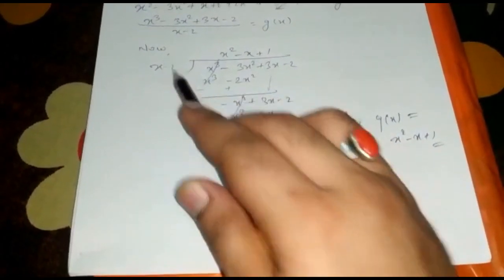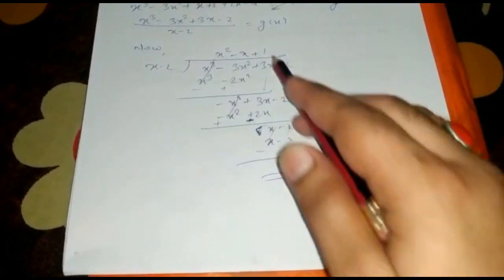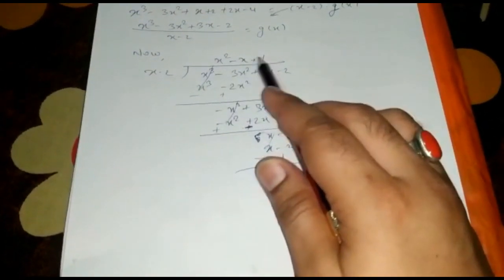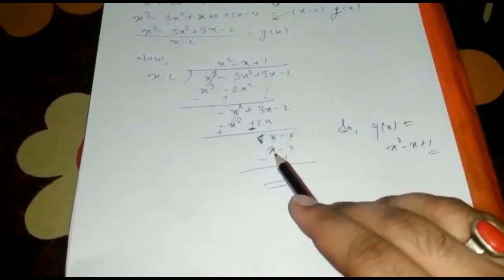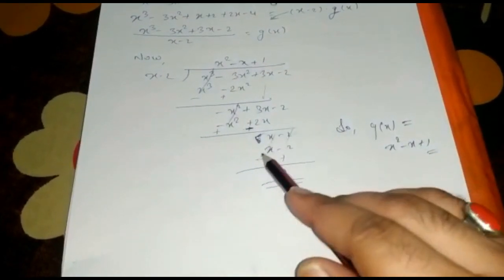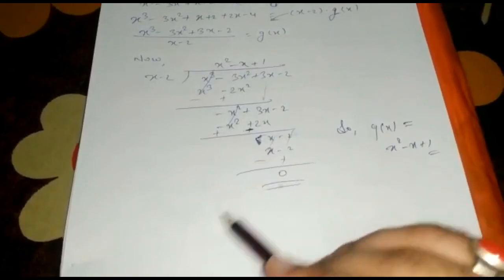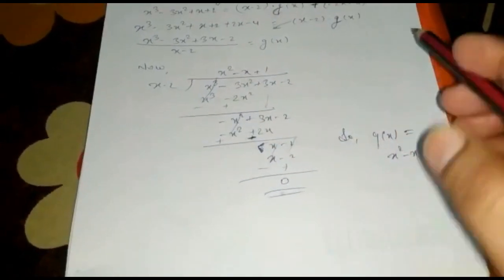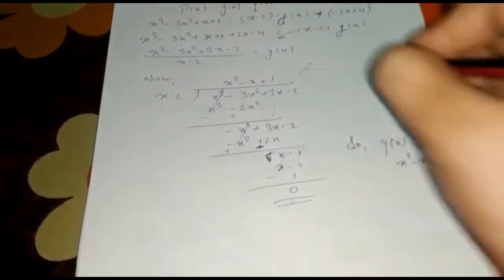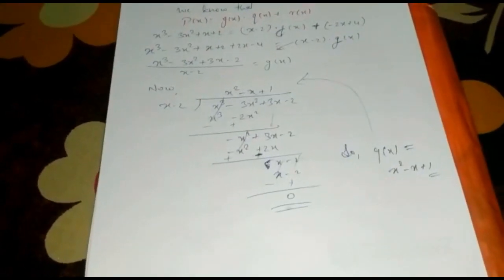What do we have to multiply x minus 2 by? We get 1. So when we multiply it by 1, it will give x minus 2, and change the sign, positive becomes negative and negative becomes positive. This both will cancel out, and that is 0. So here is our qx, and that is x square minus x plus 1.